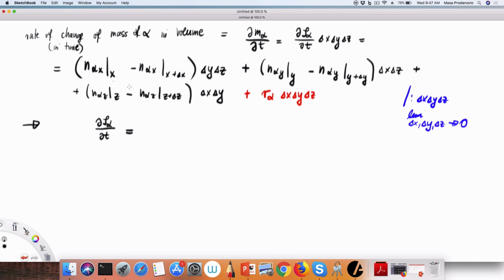When I take the limit, delta x goes to 0. I get minus d N alpha x dx, right? So here I have minus d N alpha x dx. Here I have minus d N alpha y dy, minus d N alpha z dz.